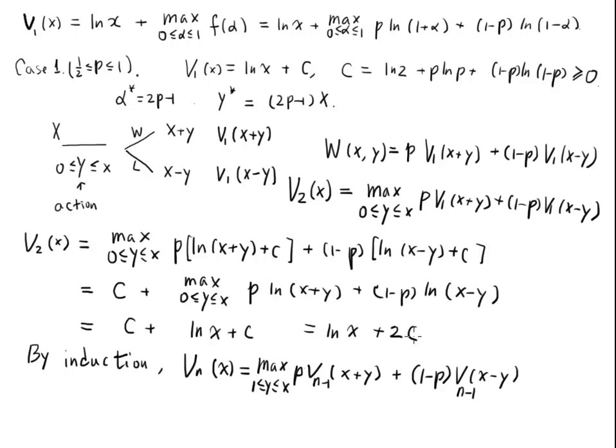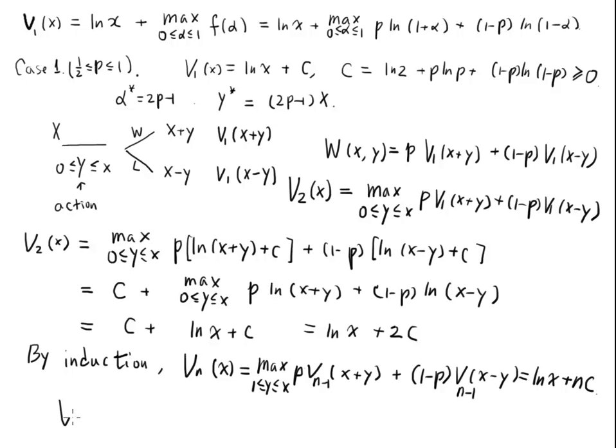Okay. And by using the induction, we will see this is equal to log x plus nc. C is the same constant that we had over here. This is a constant. So that solves the problem completely.